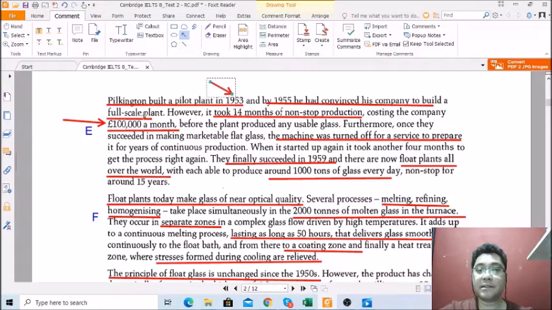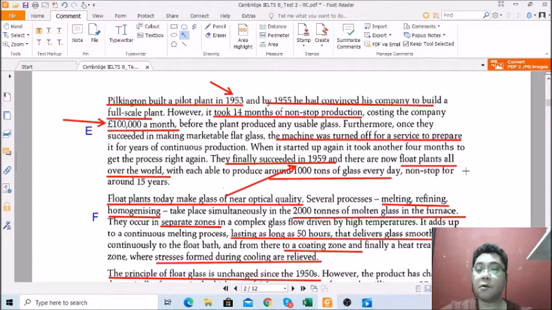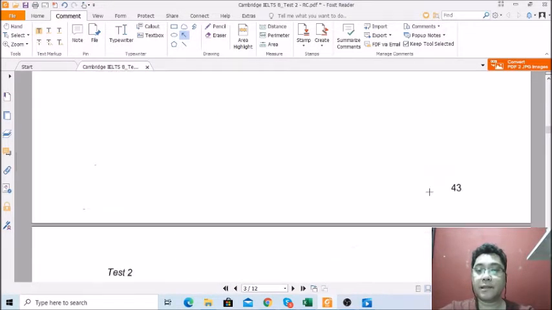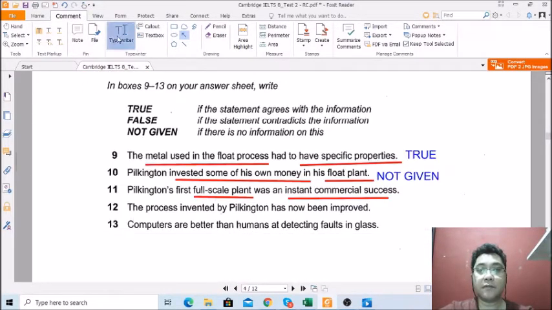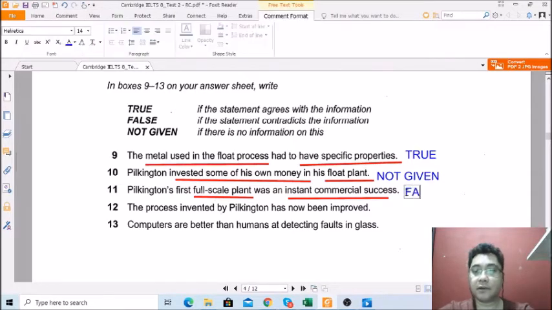But it says that they finally succeeded in 1959. So it is clear that it is not an instant success. What is stated in the problem is actually against the information given in the text. And therefore, the answer is false.